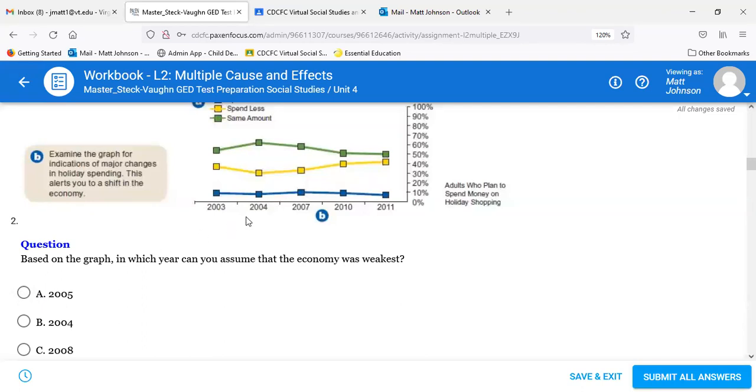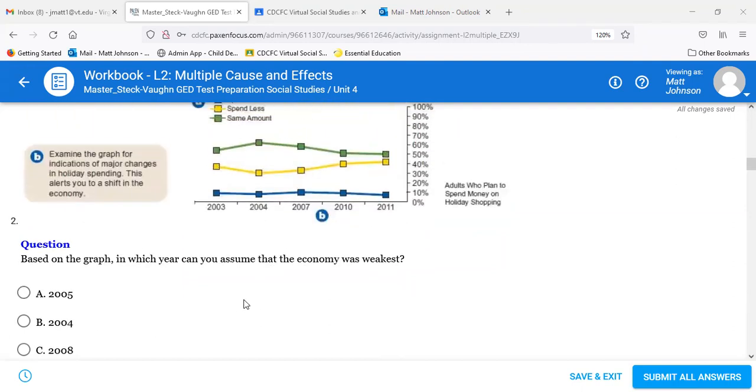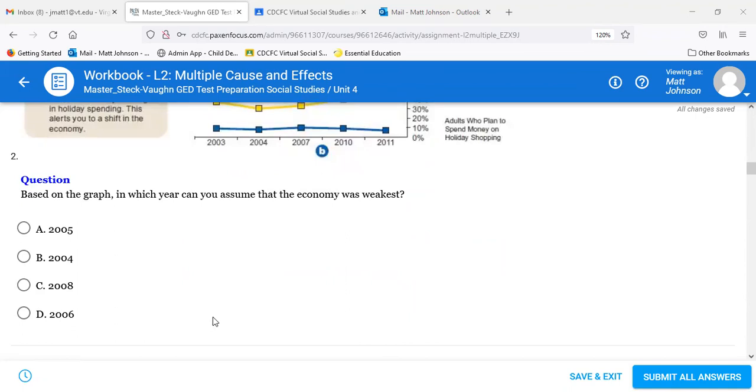So we could say that's around 2005, in between 2007, 2010. 2005. So, 2008 is actually the weakest here.